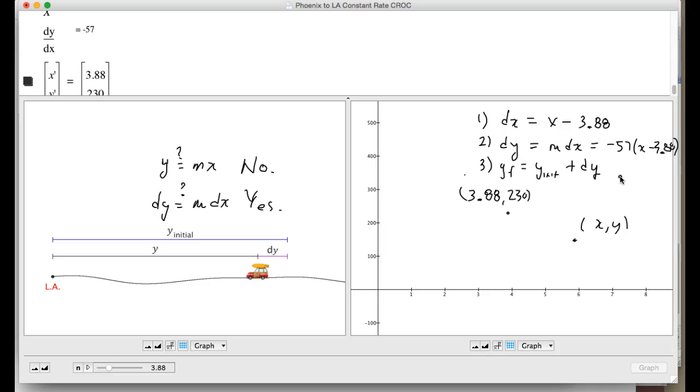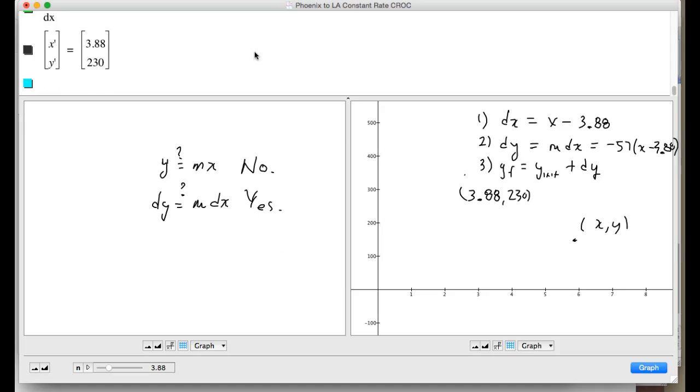Yep, we did. So I'm going to write that over here. y final is equal to, what's y initial? 230, plus what's the change in y? Negative 57 times x minus 3.88.